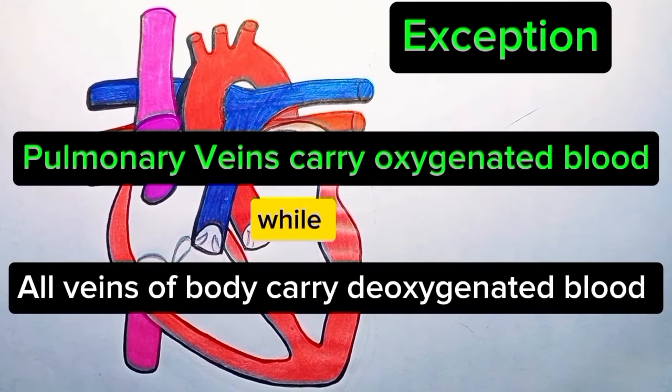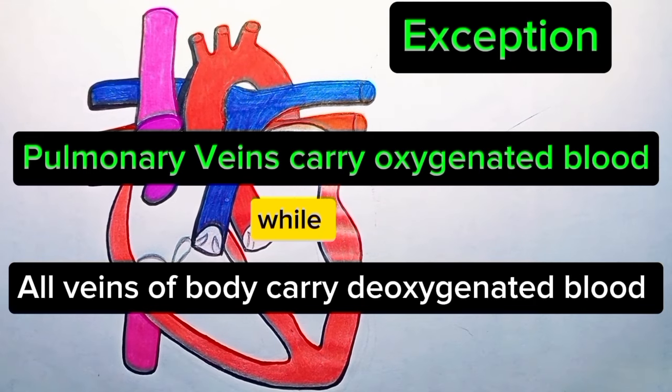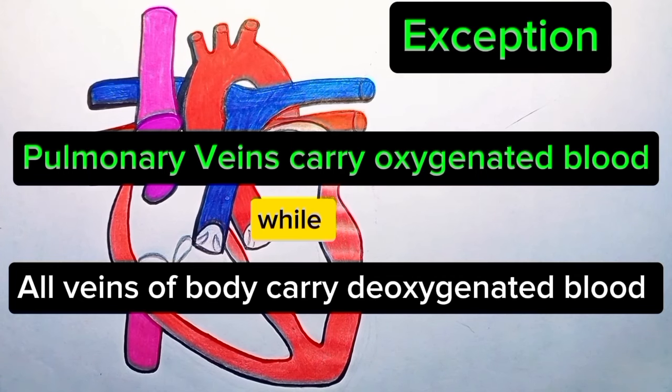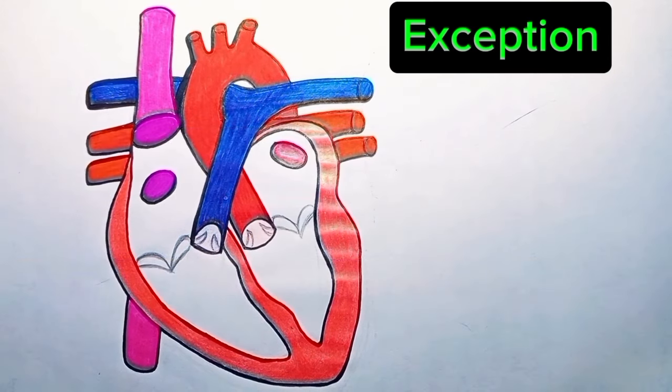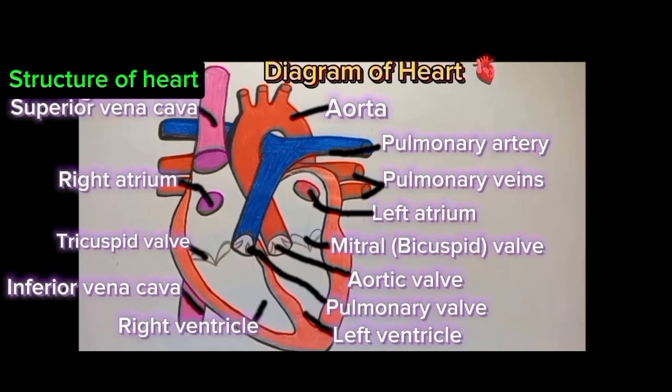The pulmonary veins carry oxygenated blood while all the other veins in our body carry deoxygenated blood. Focus on these two points and keep them in your mind to develop the concept about the function of the heart. Look at the diagram of the human heart showing all structures of the human heart.